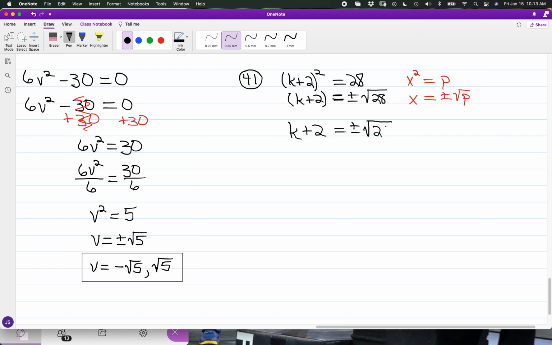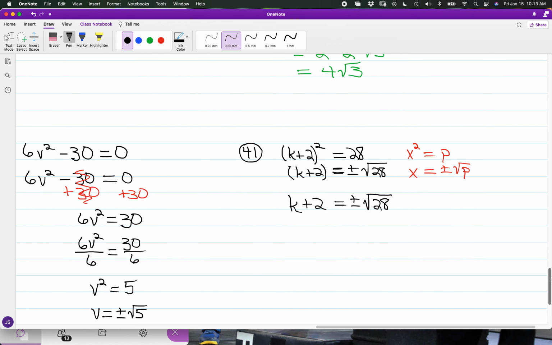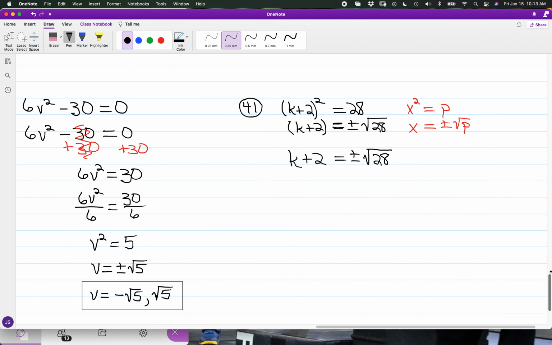And just like the earlier case with the number 48, I have the same situation with 28. 28 is not a perfect square number, but it does have a perfect square greater than 1 that is divisible into it. So in the case of the square root of 28, the highest perfect square divisible into 28 is 4.